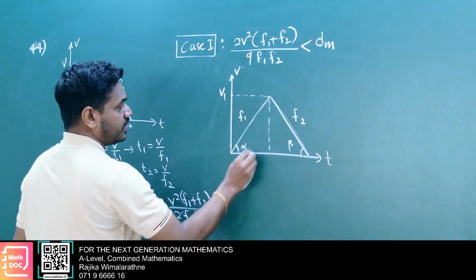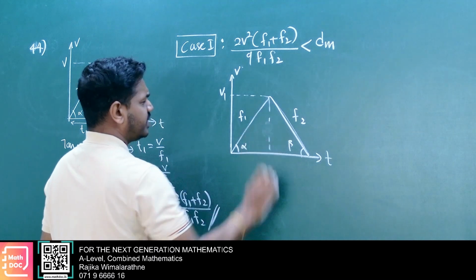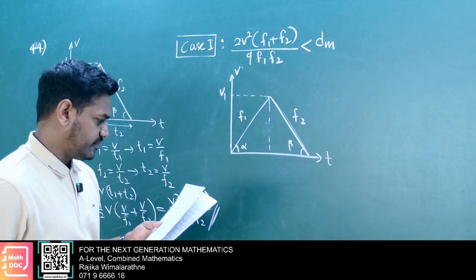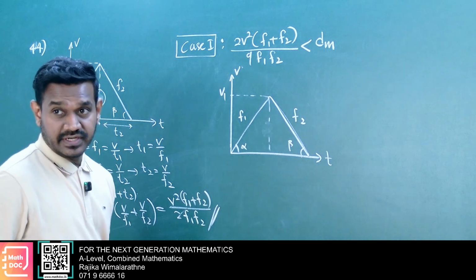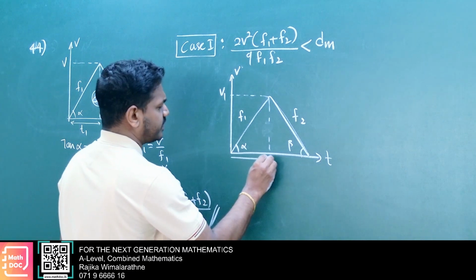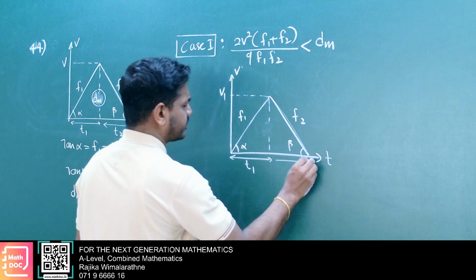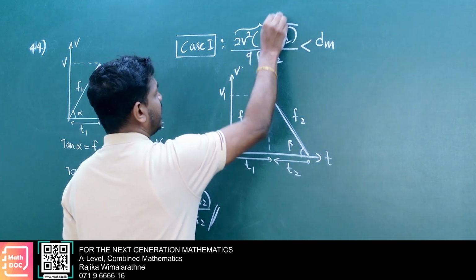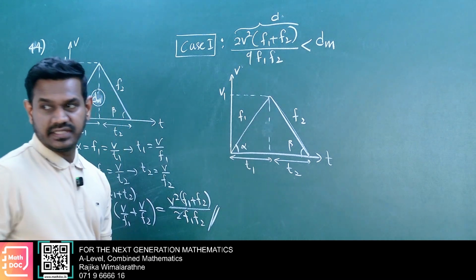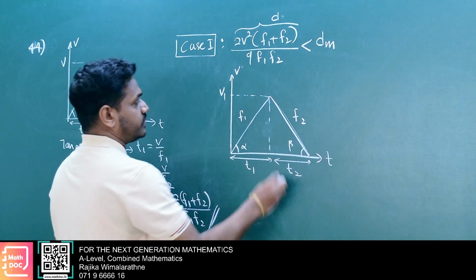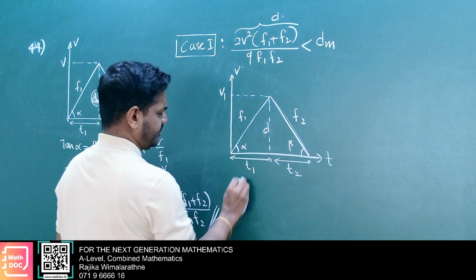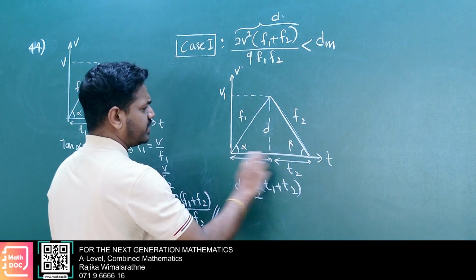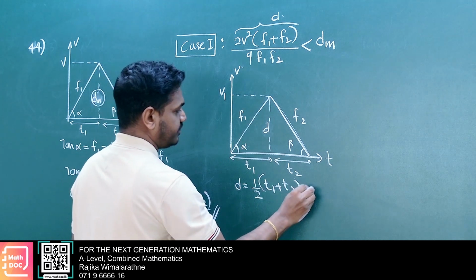Okay. Then here displacement 2V squared, F1 plus F2 over 9 F1 F2, the length of the path given. Then here take time T1, here take time T2, here take this one D. Displacement D. So here displacement D equals half into T1 plus T2, times V1.